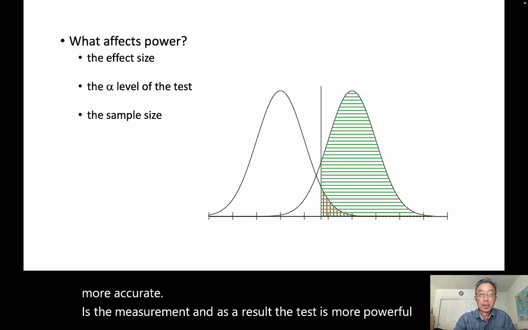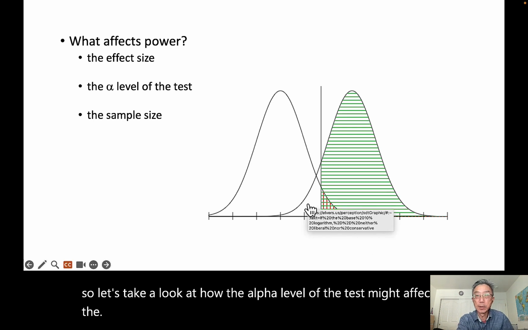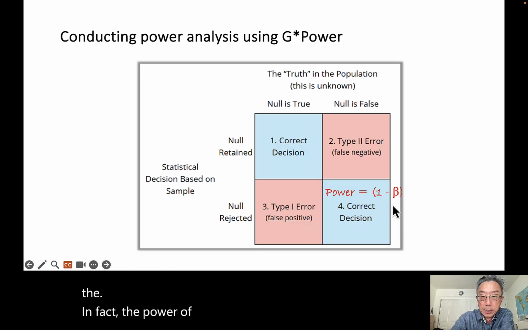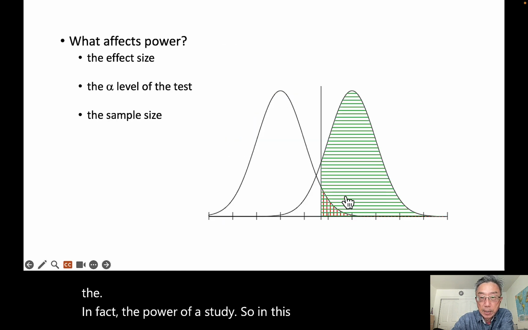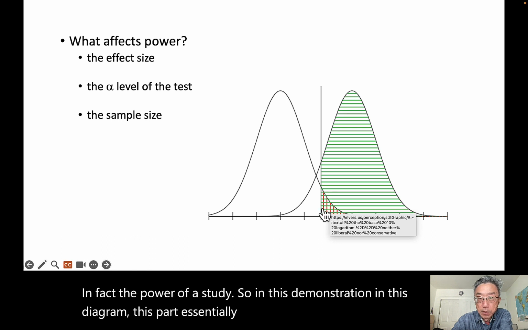Okay, so let's take a look at how the alpha level of the test might affect the power of a study. So in this diagram, what do we have over here?